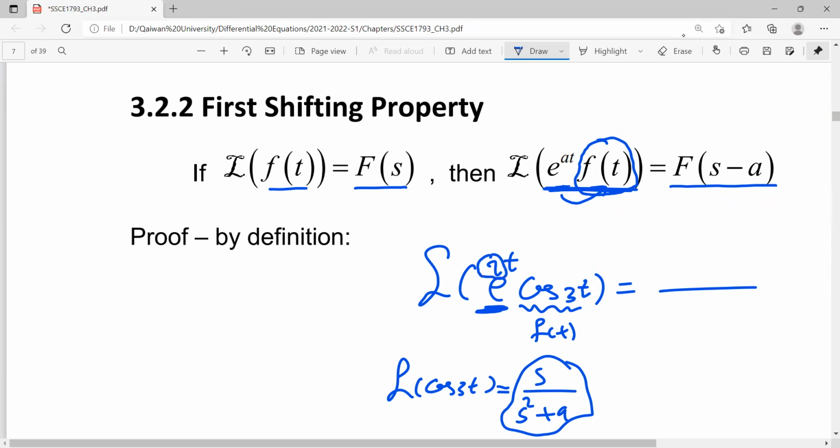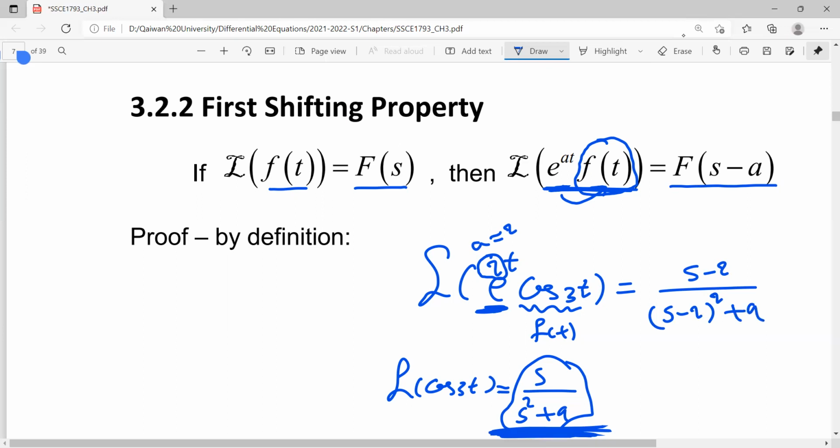Here you just need to determine what f of t is and what a is. If you replace each s by s minus a, it's s minus 2 divided by s minus 2 squared plus 9.